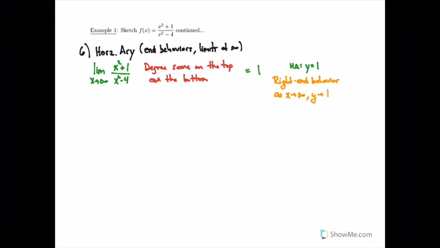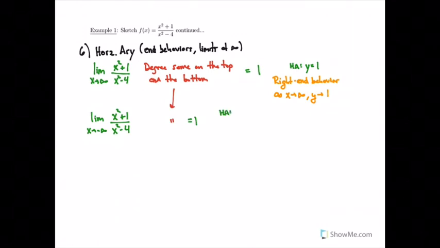Now let's look at the other end behavior, in this case the left end behavior, or the limit as x goes to negative infinity for x squared plus 1 over x squared minus 4. And really it's the exact same thing. We have the exact same reasoning here. And we have that this is equal to 1.